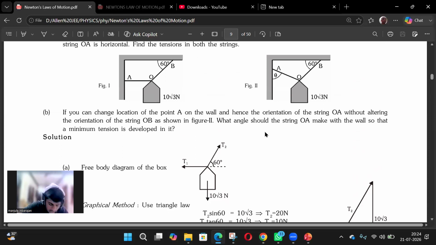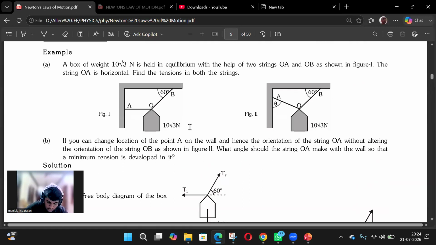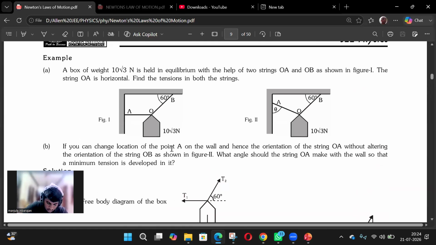In the second one, the theta value we have to find out. So theta is also unknown, but this tension has to be minimum. The second one is also 60 degrees.